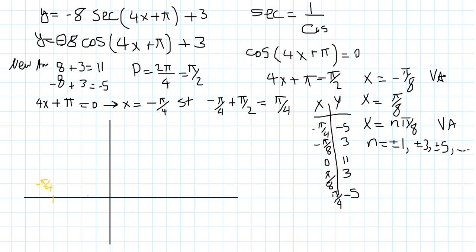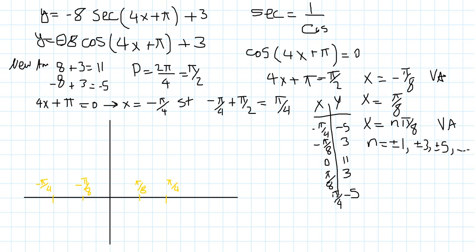And between them I have minus pi over 8, 0, pi over 8, and pi over 4. These are the points that I want to draw.